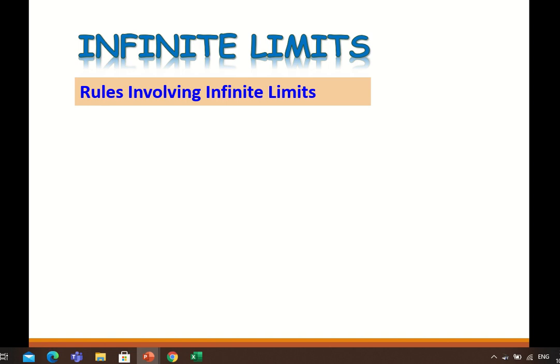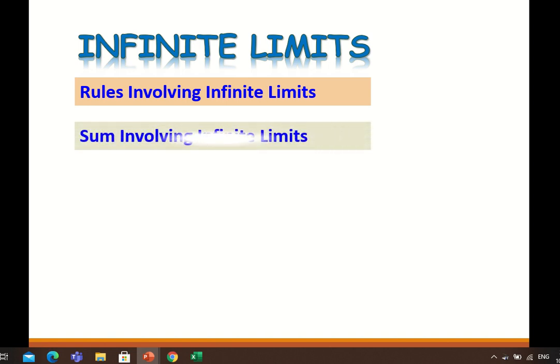So now we have rules involving infinite limits. So what are these rules? Okay, so we have sum. We have a scenario where you possibly have a sum of some expression that involves infinite limits. So we have here L, meaning L stands for the limit, plus infinity. If you have obtained the limit, and you add that to positive infinity, then the overall result is positive infinity.